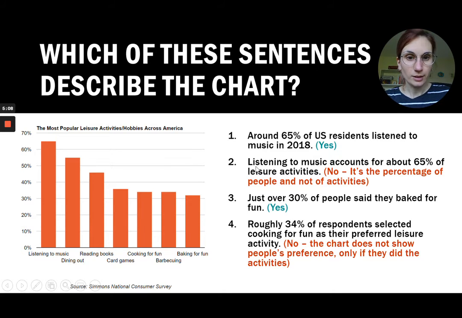Now, this other sentence here, listening to music accounts for about 65% of leisure activities. No, that would be incorrect because it's the percentage of people and not the percentage of activities. So we need to be careful with that when we are describing the chart, when we're describing the percentages. So it's the percentage of what?